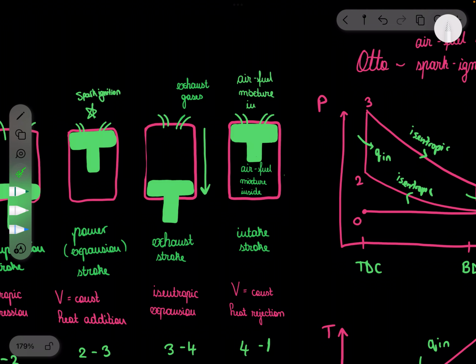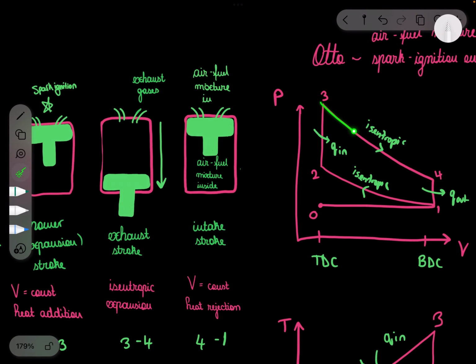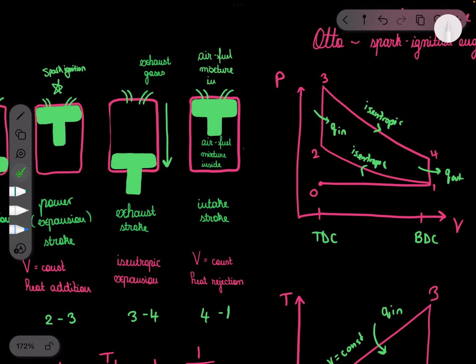Okay, next up, from 3 to 4, in terms of P and V. V is determined by the piston cylinder. What happens to it? We said it was at the top during spark ignition, so it was here. It gets pulled down because we have isentropic expansion. And expansion means an increase in volume. We are increasing volume, but at the same time, by increasing the volume, the pressure is going to drop because you have more volume.